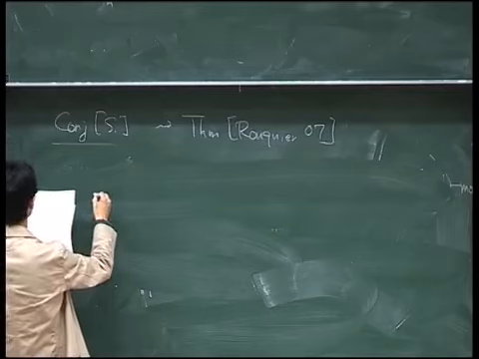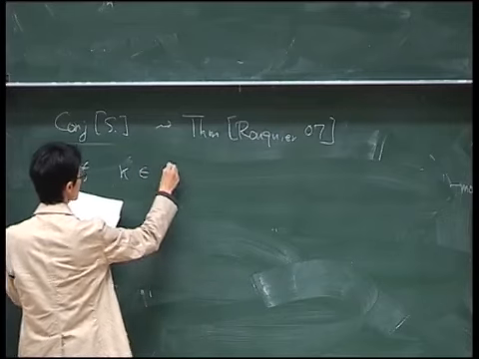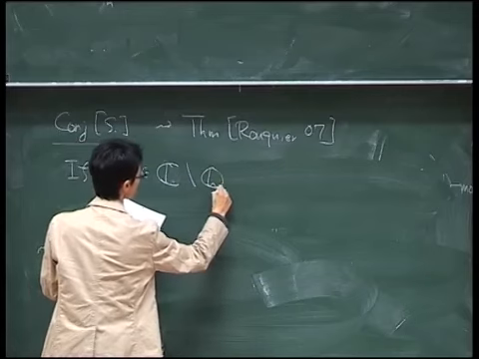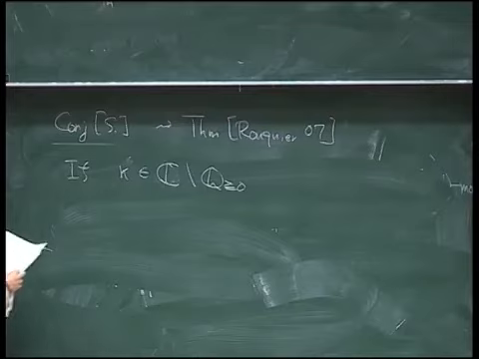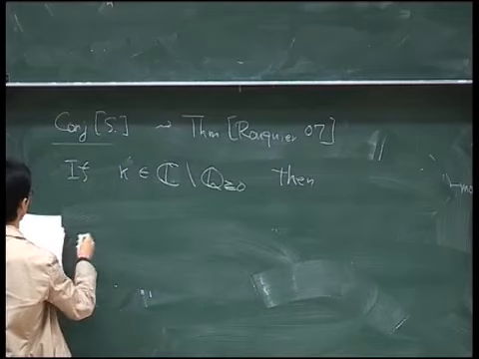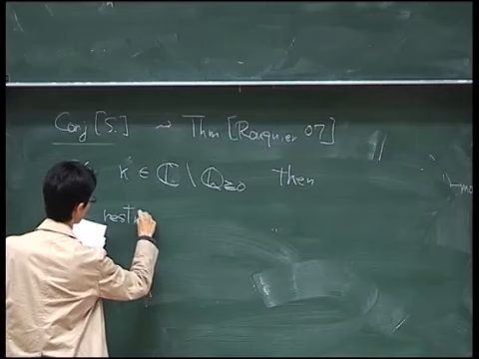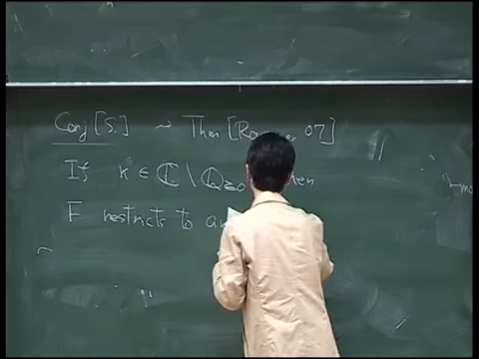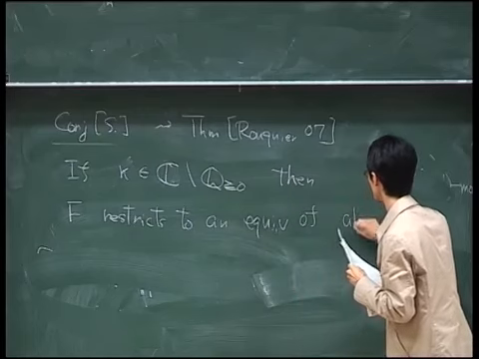If kappa is not a positive rational number, then F restricts to an equivalence of abelian categories.